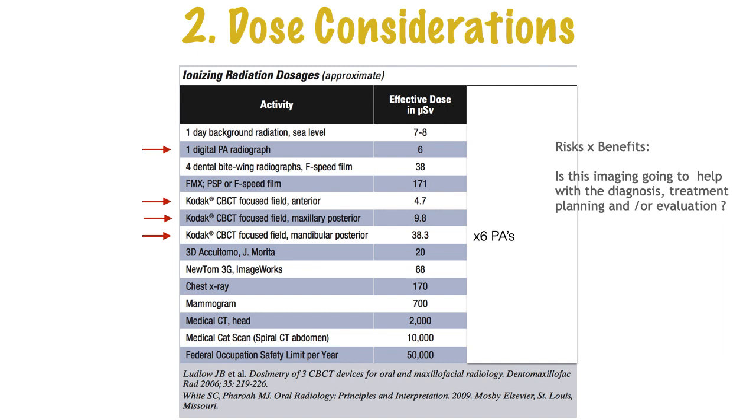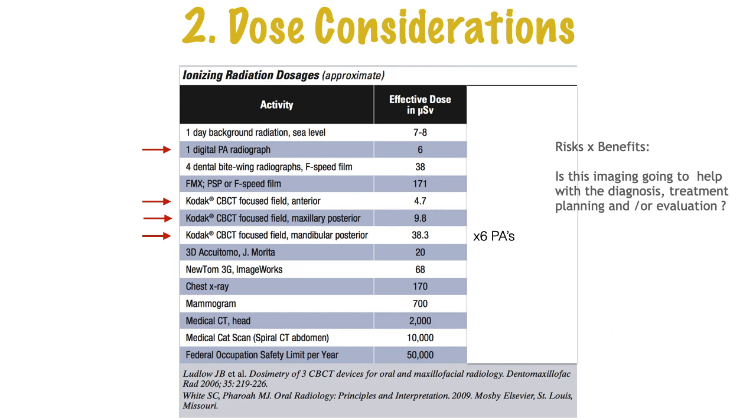Sometimes we have to crank up the x-ray machine to acquire the image. So if you look there in the anterior area, 4.7 microsieverts. Now focused field of view in the mandibular posterior, 38.3 microsieverts, which is about 6 times a PA.